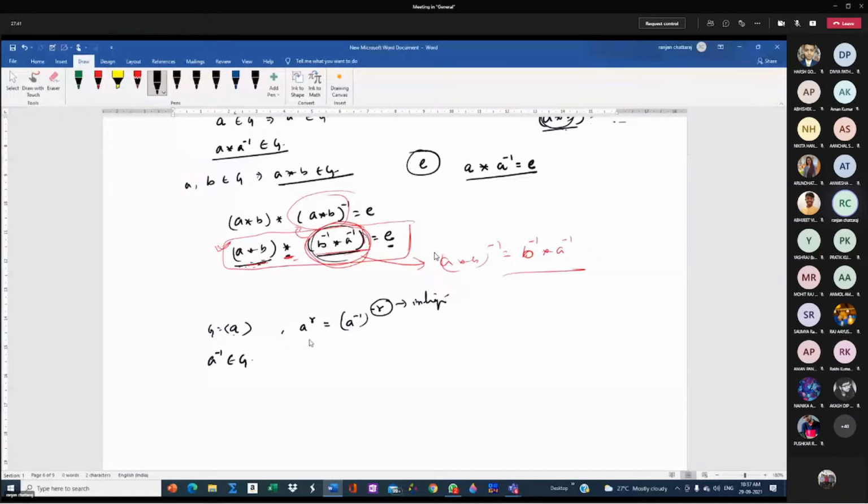Now suppose one more thing: every cyclic group is abelian.